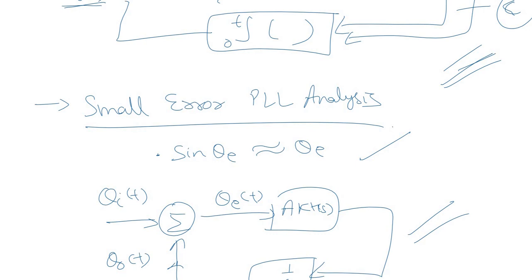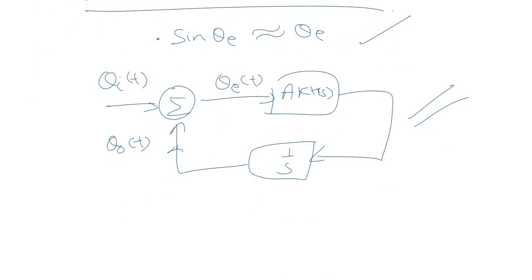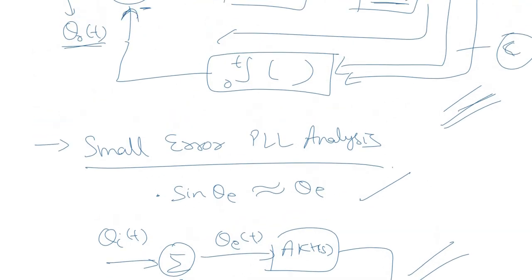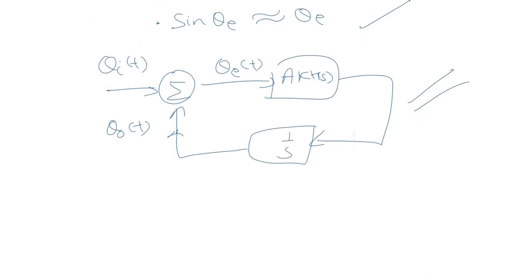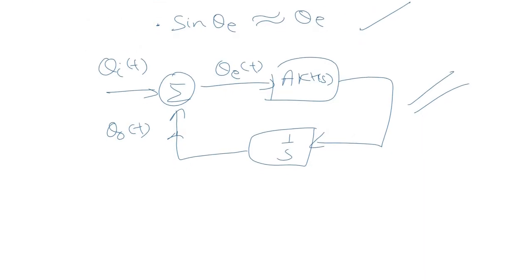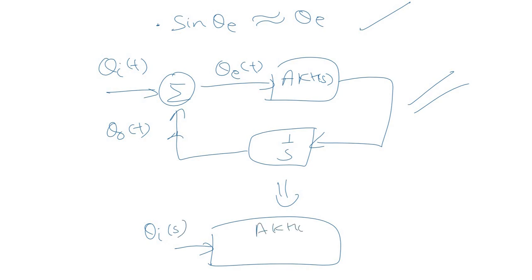In the S domain, it's nothing but equal to 1 upon S. h t gets converted to h of s, right? So this is equivalent to a linear system, where theta I is the input, theta naught is the output, and k h s divided by s plus k h s is the loop response theta naught s to the output.